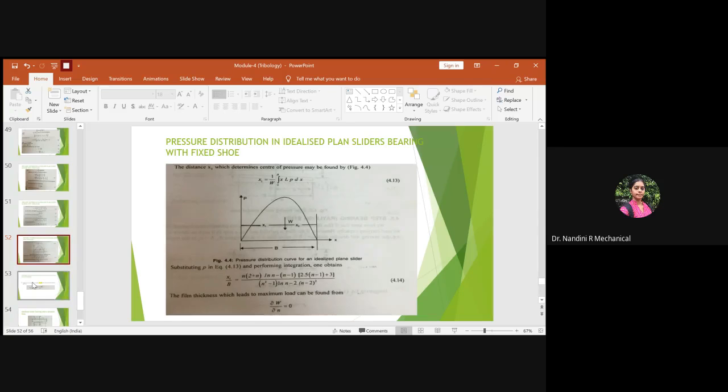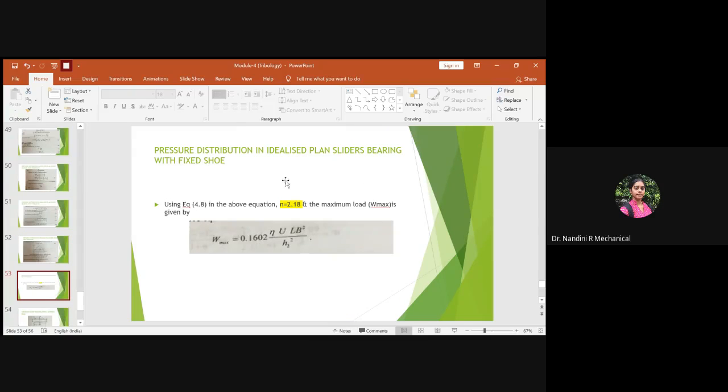Just write an equation for load bearing capacity, put the value of n equal to 2.18 in that equation, substitute and show that this is the maximum load bearing capacity equation, how we can claim it for solving the problems. This is how you have to smartly put it forward in the examination.